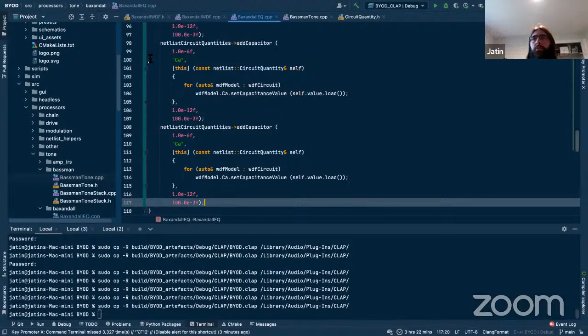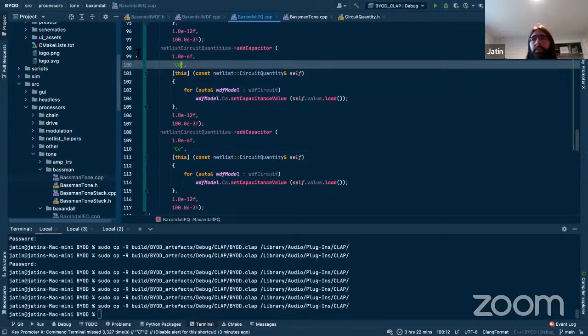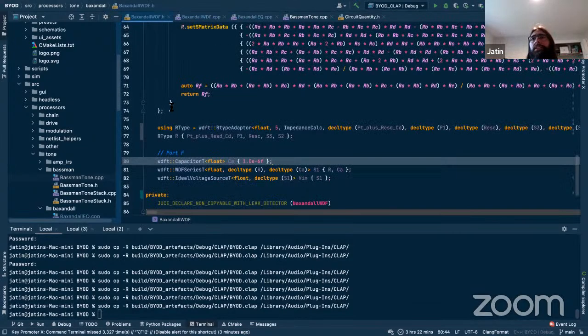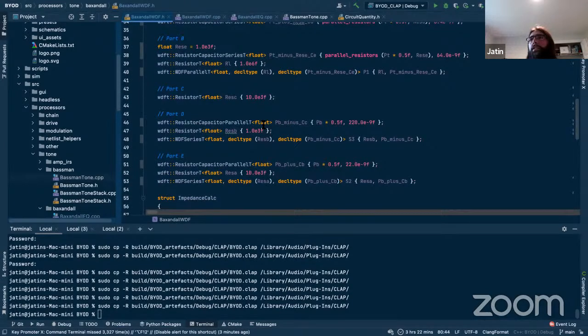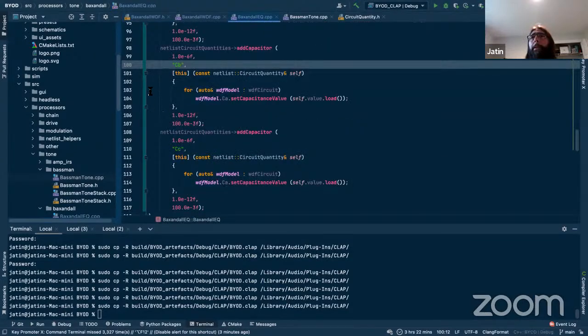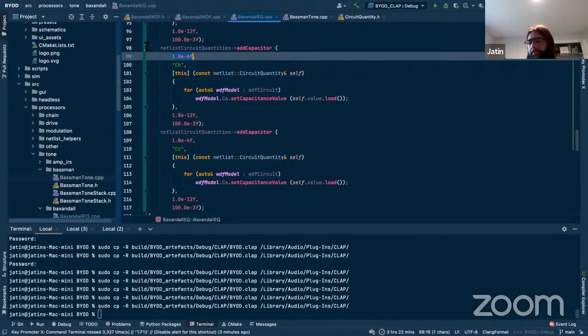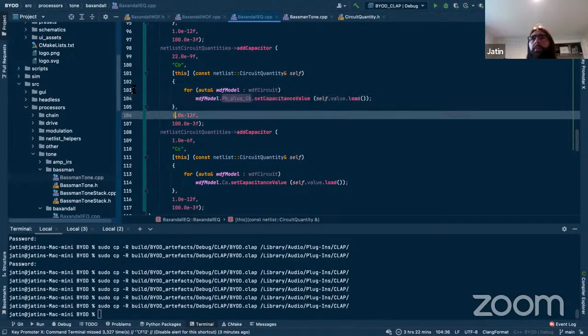And let's do a couple more just to see what they look like. So this will be CB and CC. For CB, what do we got here? For CB, we've got 22 nano. We'll do the same range, maybe.